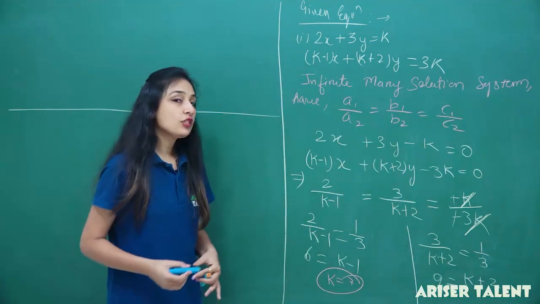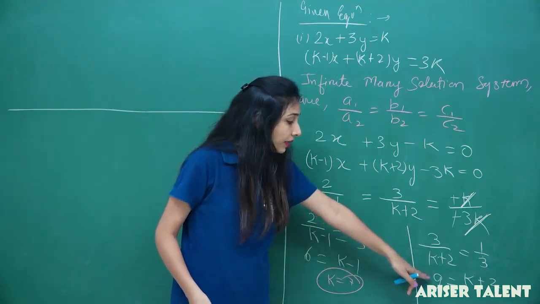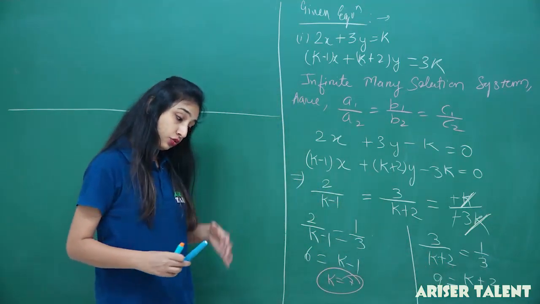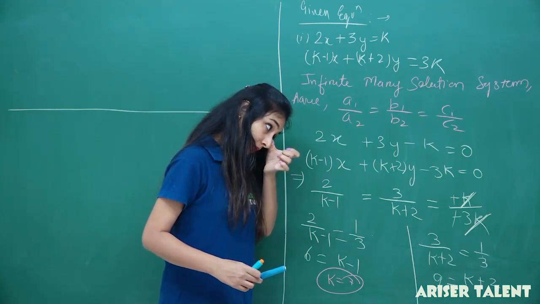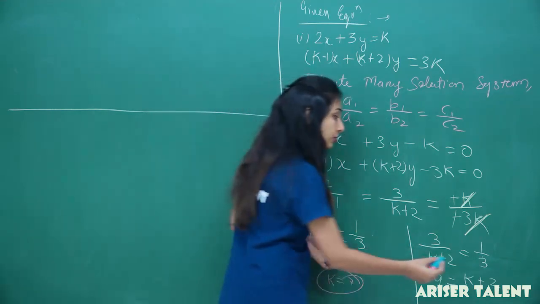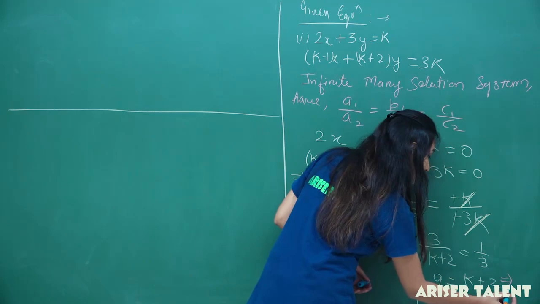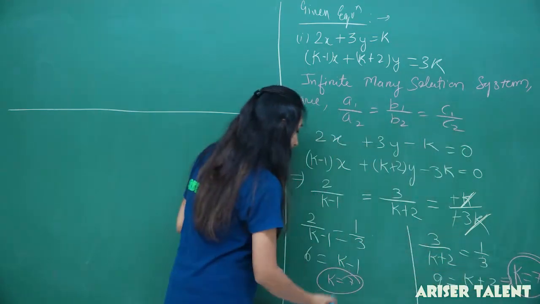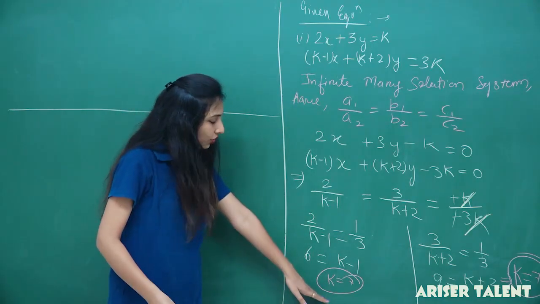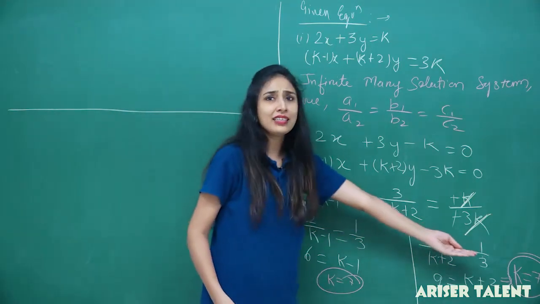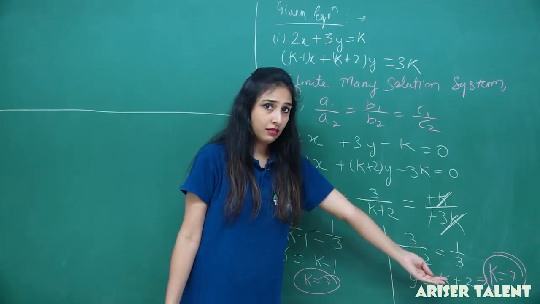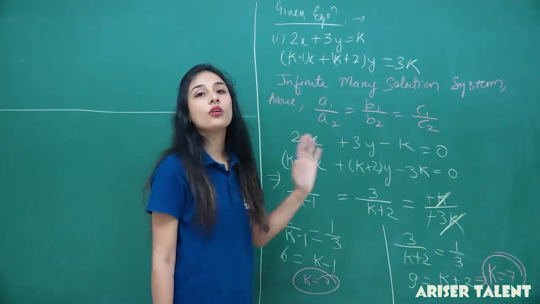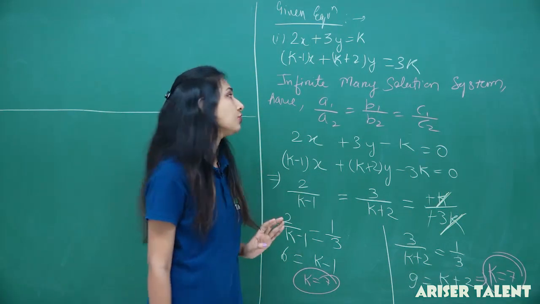Now transpose 2 here, k equals 9 minus 2, which is 7. So k equals 7 again. If you are not taking this seriously, then at least take this k seriously. So k equals 7 is your answer.